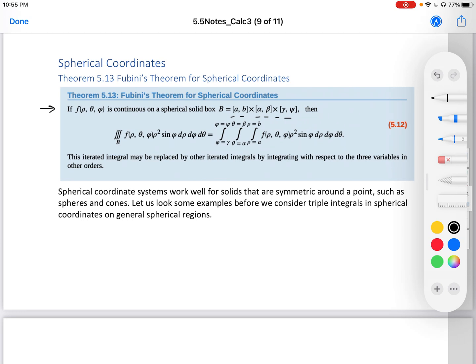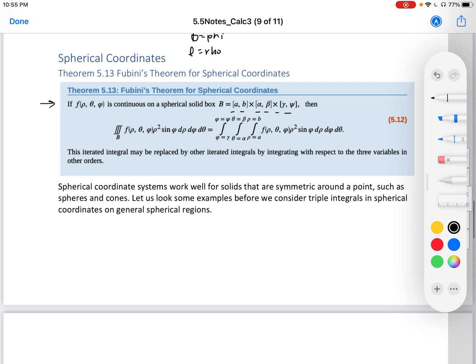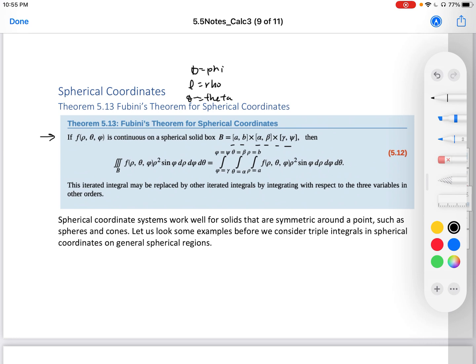Don't get caught up on these values. They're just your bounds for your phi, your rho, and your theta. They're just Greek letters, just like you have x, y, z. And don't let these throw you off either. That's just lowercase gamma and a psi.